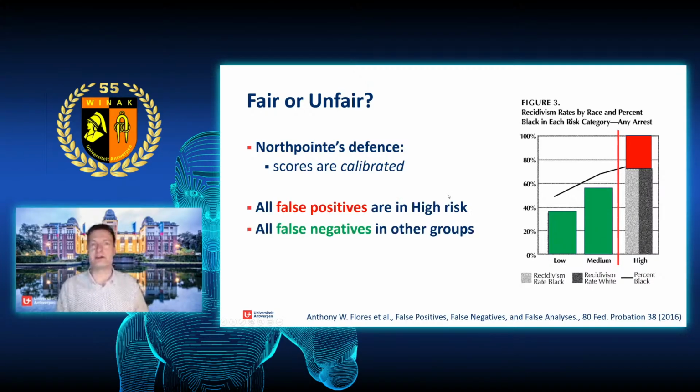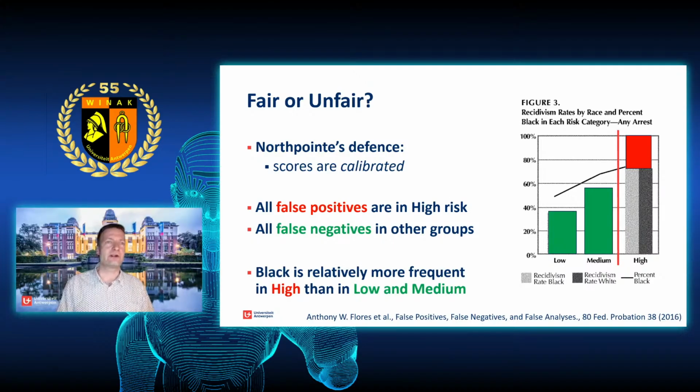And that is where the difference in errors comes from. Black is relatively more frequent in high than in low and medium. That is also an explanation why we can be fair with respect to calibration, but we're not fair towards the errors that are being made. The impact of the decision that we base on our model is disproportionate for both groups.